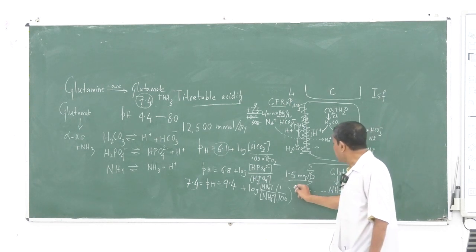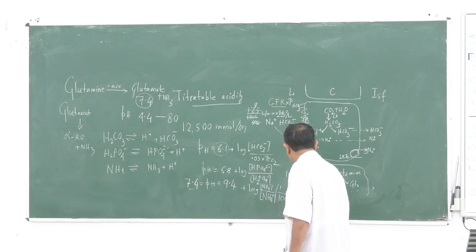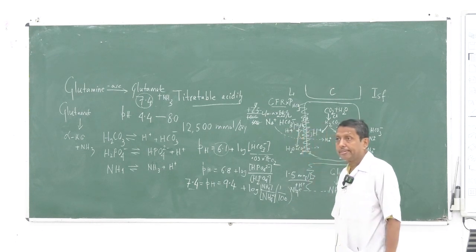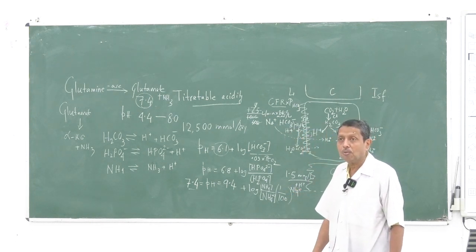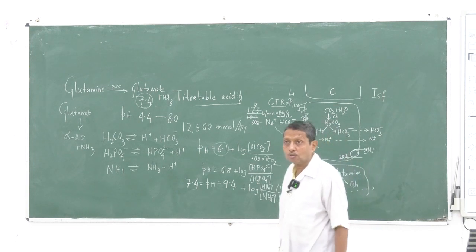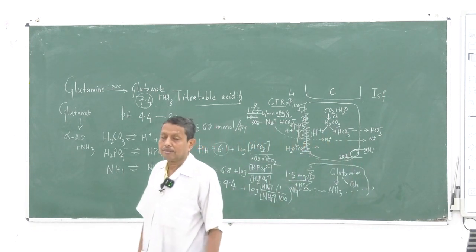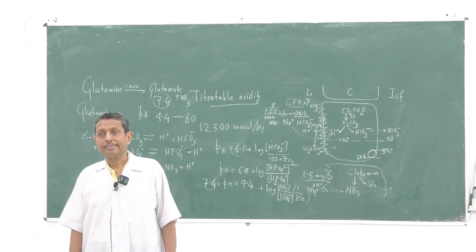But its entry into the lumen is favored because it reacts with the hydrogen ion and gives rise to NH4 plus. So its concentration remains low. So its flow in this direction is more than in the opposite direction.